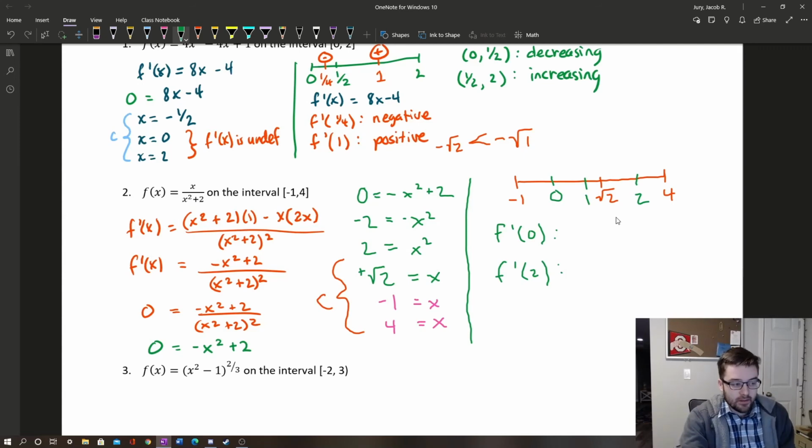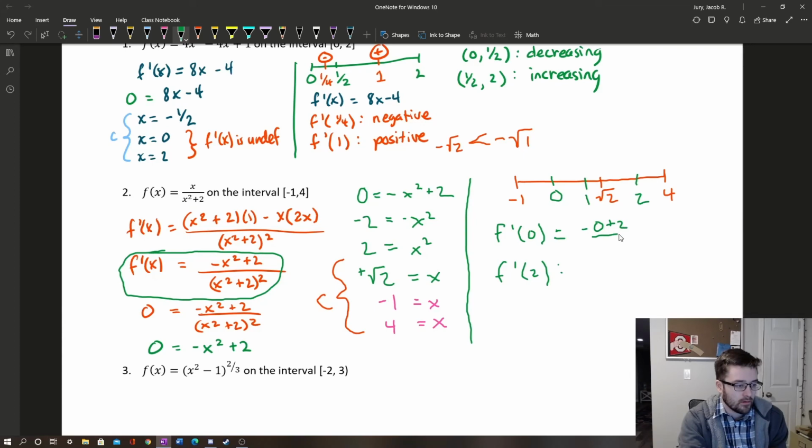So we'll check that by using this equation right here. So we'll have negative 0 plus 2 over 0 squared plus 2, so 4. So we've got a positive number. Negative 0 is just 0, so this is positive. Then we'll see if f prime of 2 is positive or negative.